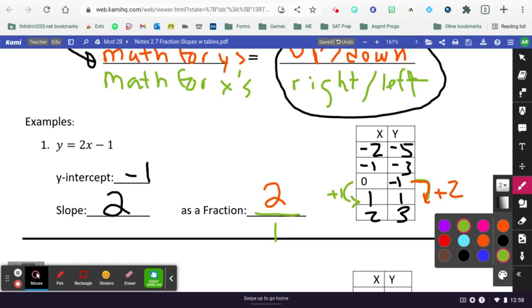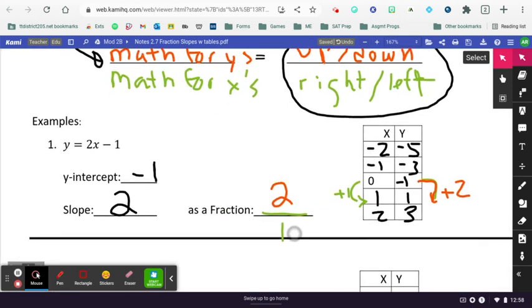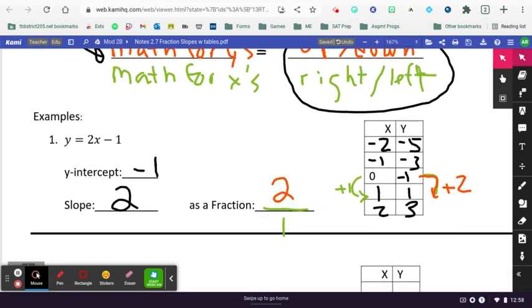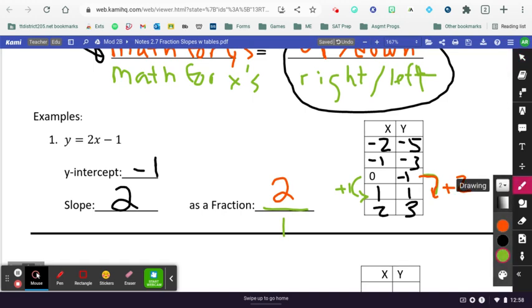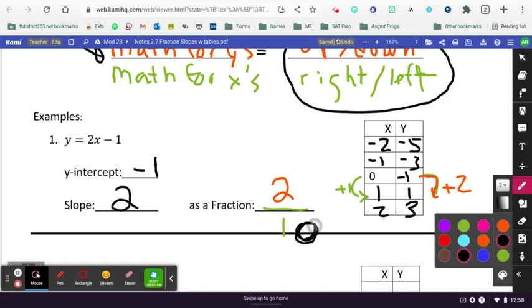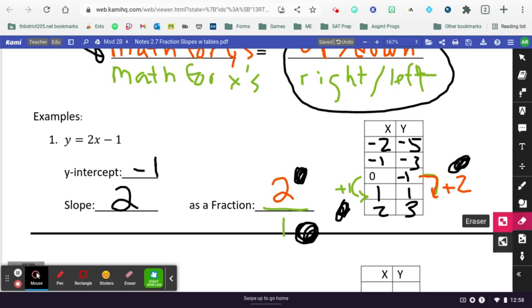And then this 1 at the bottom here is the math we did for our x's. This 2 on the top here is the math we did for our y's. So we have always been using fraction slopes. We just didn't realize we were using fraction slopes, even back when we were doing arithmetic.